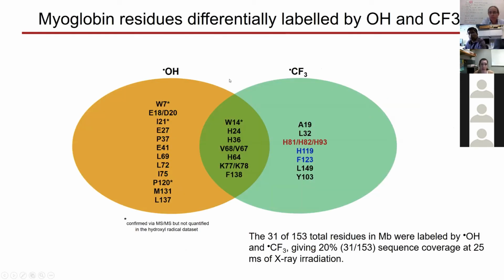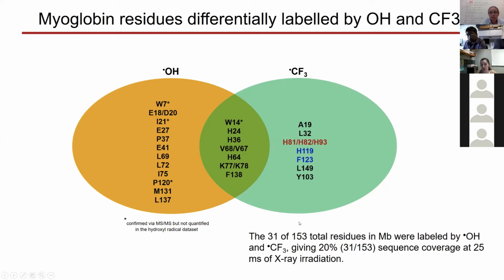So I hope I convinced you that with this chemistry we have two different sets of labeling. For example, for hydroxy radical and CF3, we have some residues which are labeled with both chemistries, and also residues which were labeled uniquely, like certain residues for hydroxy radical and 9 residues for CF3.